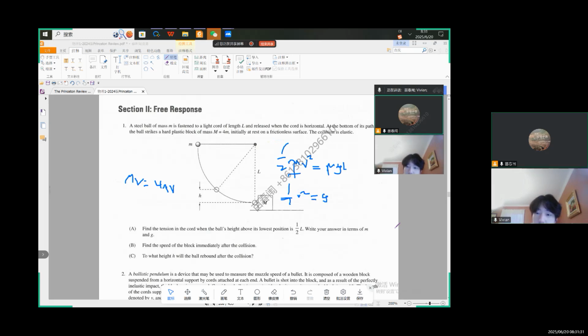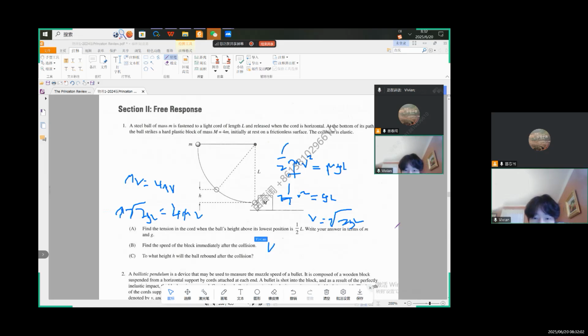v equals square root of 2gl. And then root 2 equals v, and cancel out again.